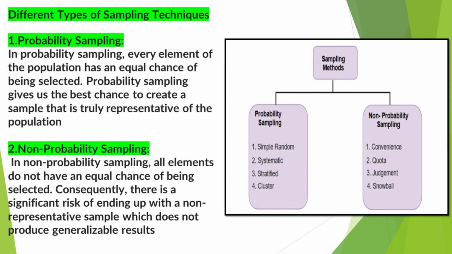Now let us see what exactly is meant by probability sampling. In probability sampling, every element of the population has an equal chance of being selected. Probability sampling gives us the best chance to create a sample that is truly representative of the population. For example, let's say our population consists of 20 individuals.